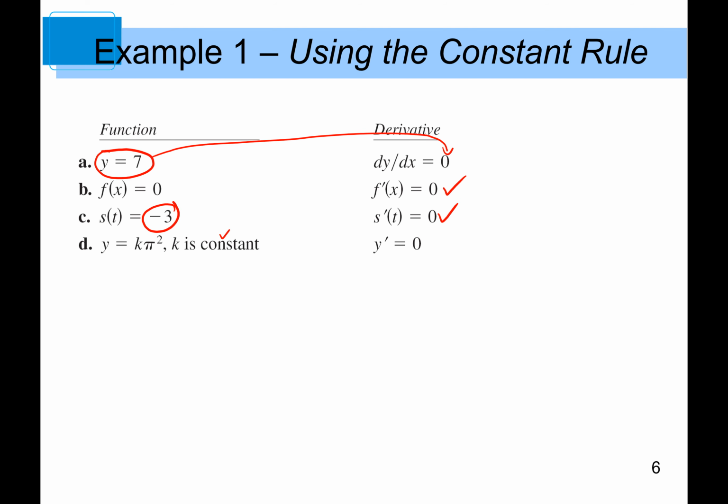K is a constant. Pi is approximately 3.14, with infinitely many digits. But since it's a real number, the square of that will become a constant. So the derivative of a constant is 0.